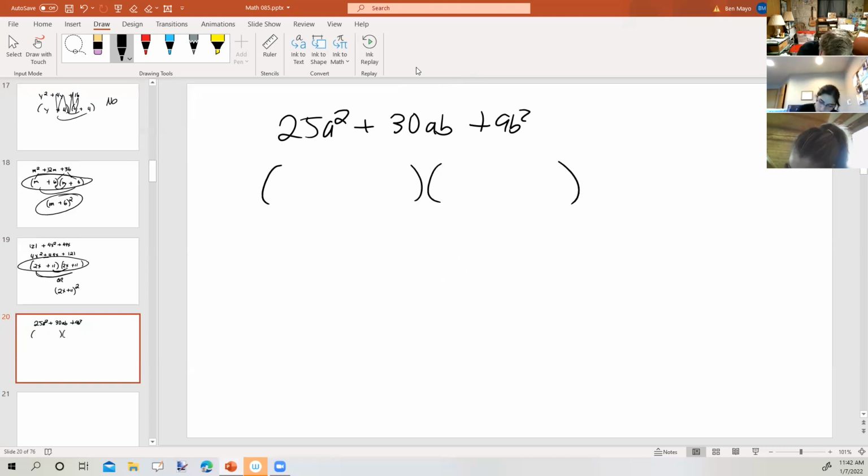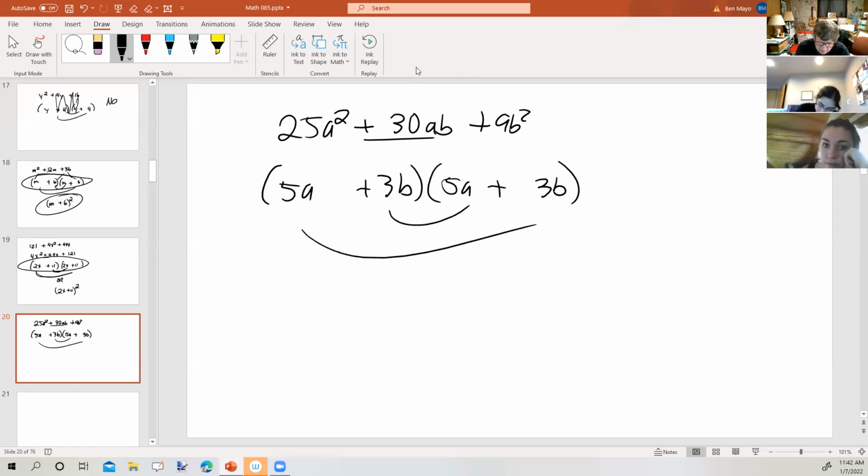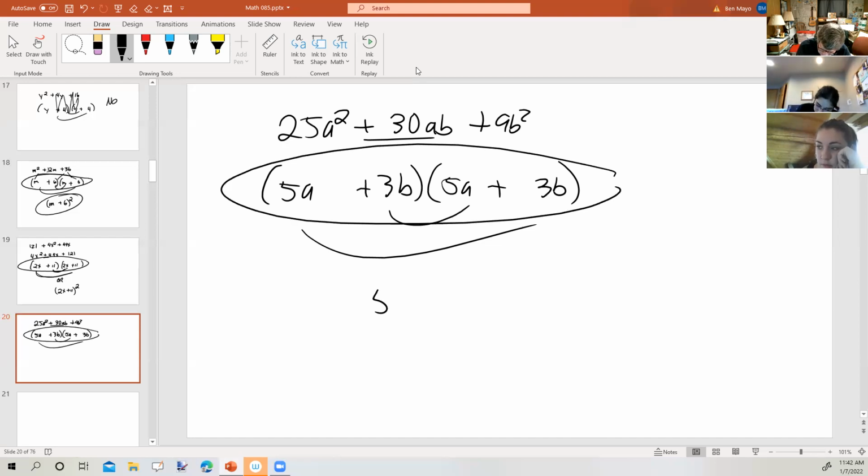So let's see if it is. It would be 5a, 5a, 3b, 3b. It would have to be plus. Does that give me plus 15ab in the middle? Yes, it does. So there's the answer. Or you could write it that way as well.